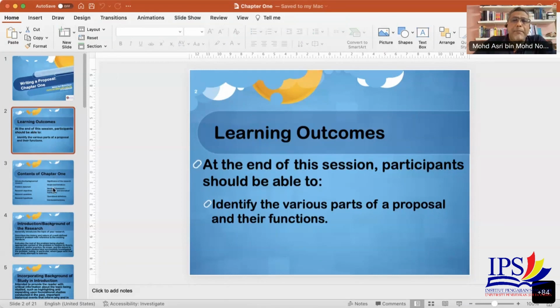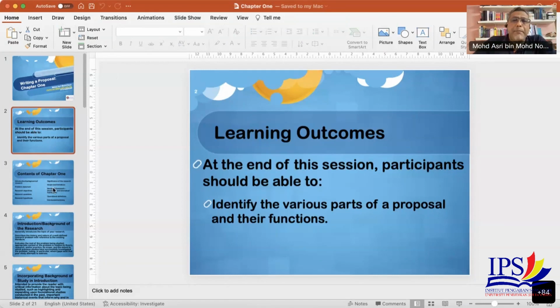So this is what it means. Introduction or background of the research, where you start by describing the historical aspect of the research or the topic before you go to the specific issue of the research.